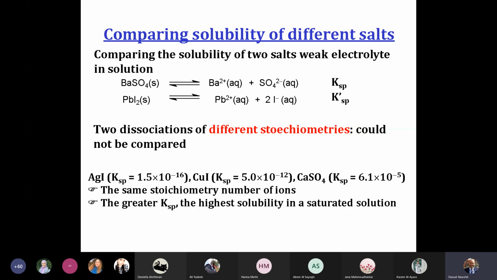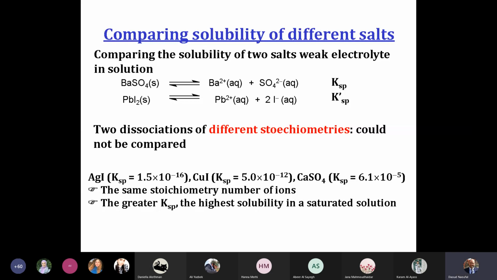In beaker 1, BaSO4 will dissociate partially to ions Ba2 plus and SO4 2 minus. So BaSO4 is partially soluble. In beaker 2, PbI2 dissociates partially to Pb2 plus and I minus. So PbI2 is also partially soluble. So the question now, which is more soluble?